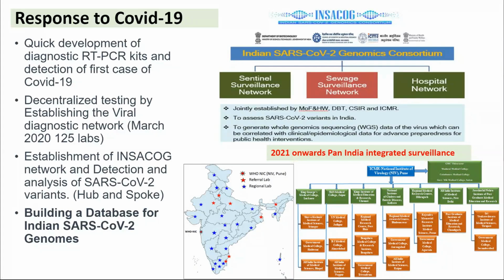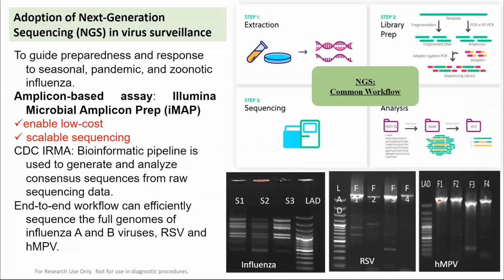Coming to the next point, there was a need for integrated disease surveillance, and WHO also emphasized that countries should have integrated surveillance for monitoring influenza and SARS-CoV-2 because of their similar clinical manifestation.